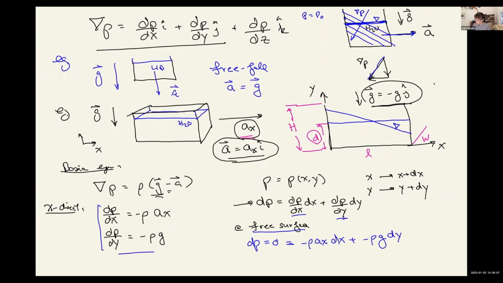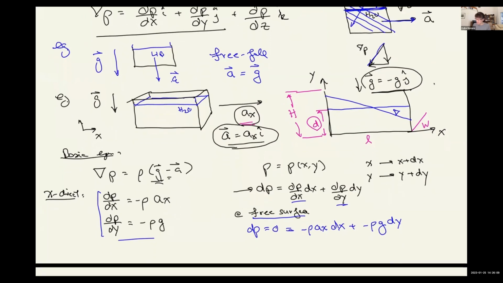Now, then we can solve for dy over dx, which would give us the slope of that line, that free surface. So solving for that, we get dy/dx is equal to minus a_x, the density cancels, minus a_x over g.